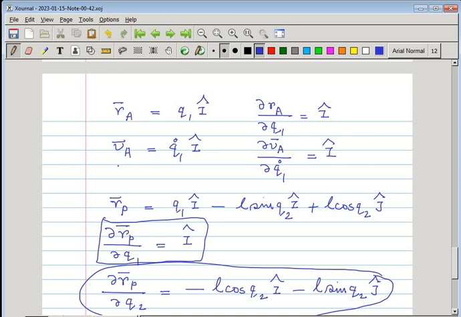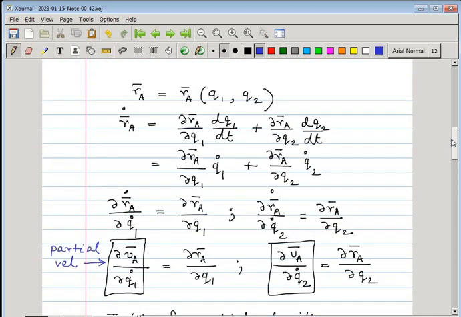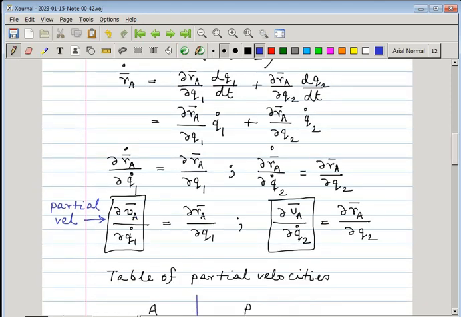Q1 I, so VA is Q1 dot I, so del RA del Q1 is I, and del VA del Q1 dot is also I. So it has to be, because we have seen the general relation that del VA del Q1 dot has to be del RA del Q1.